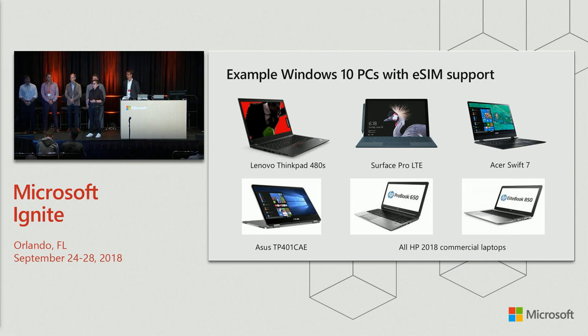Perfect. So it has two SIM cards. One uses a mechanical slot. The other one is a purely embedded slot. I'm going to differentiate it a little bit. Not all LTE devices are eSIM capable. Let's just put that aside. These are the ones that are supporting eSIM right now.